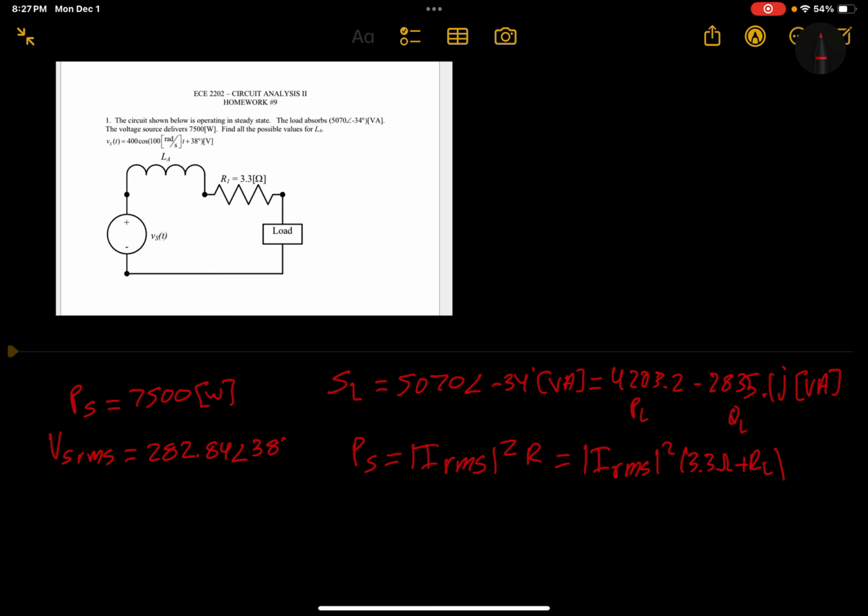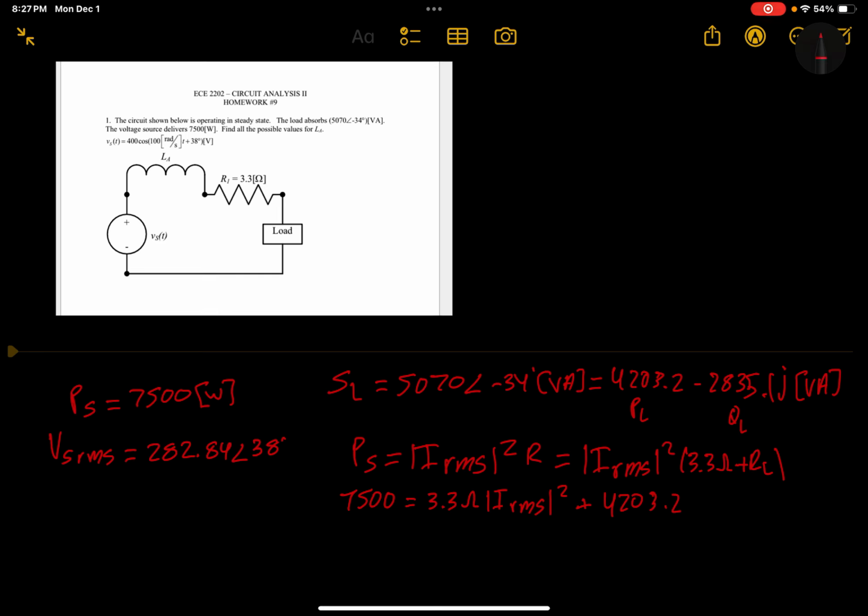And we were already given the power of the source, so we'll just plug that in there, 7500. And then we get 3.3 ohms times IRMS squared. And then IRMS squared times RL is just equal to the power of the load. And we were already given that. I mean, we solved for that already, which was the 4203.2. That's why it's important to rewrite the apparent power.